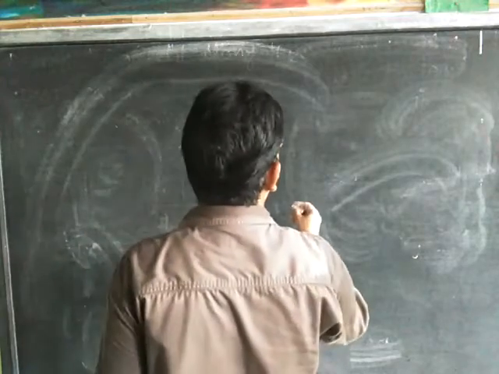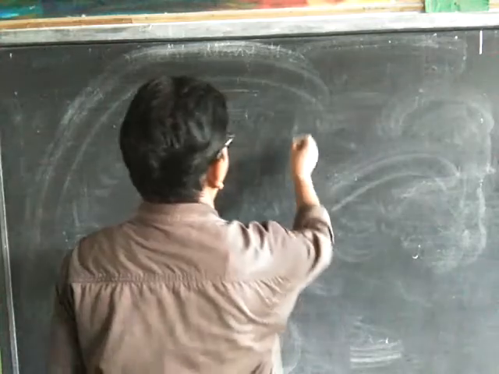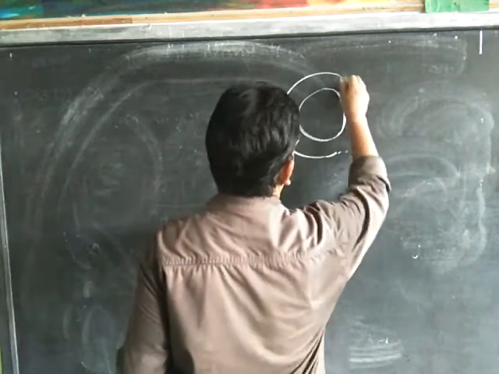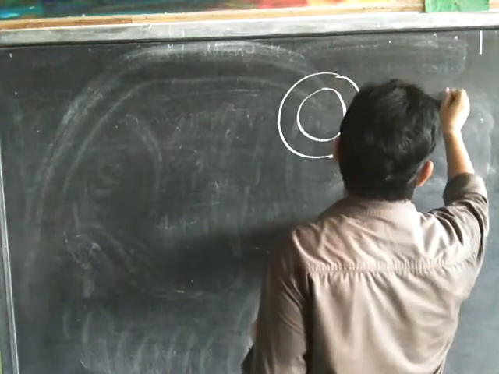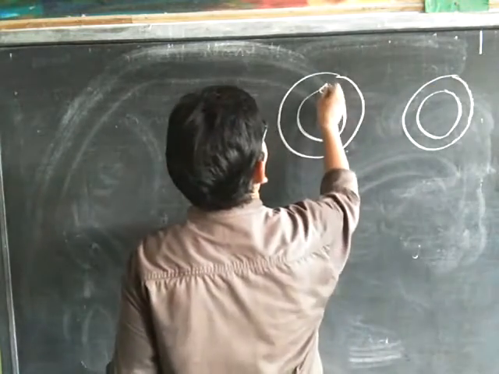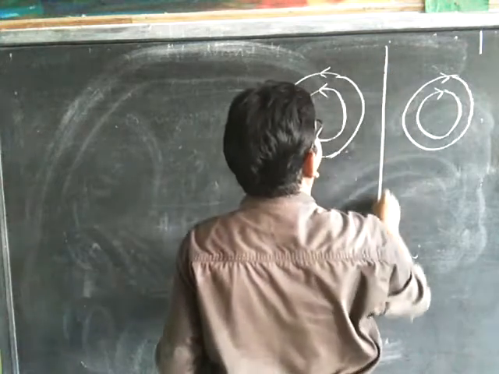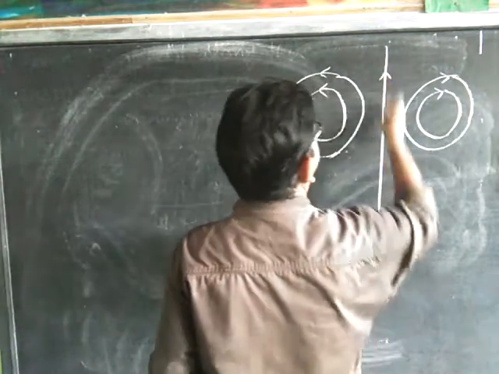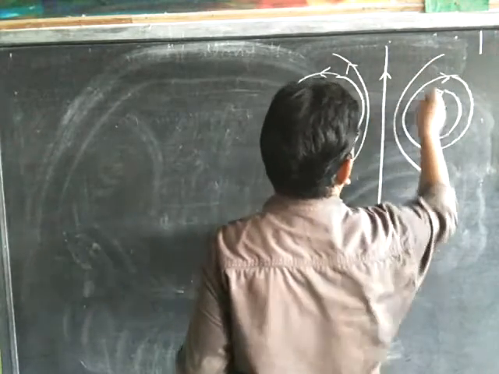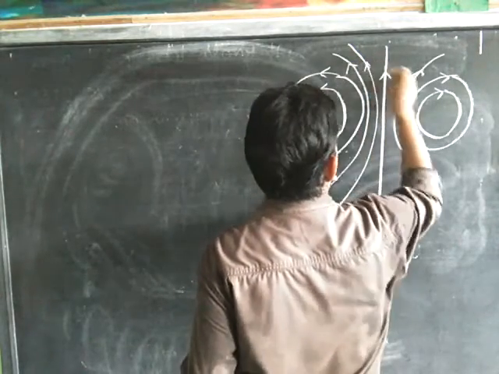Suppose these are the magnetic lines of force for a circular wire. Here the current flows in anti-clockwise direction, and here the current flows in clockwise direction, and in the center it becomes a straight line. This is the direction of the magnetic field for a circular current loop.